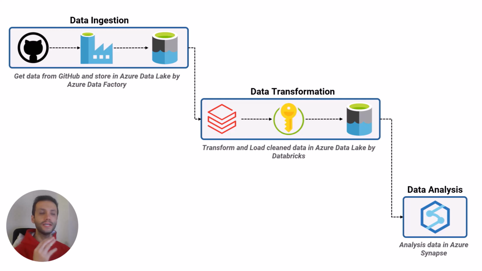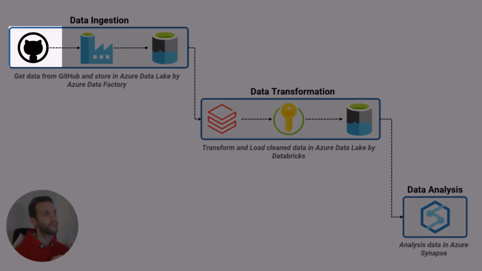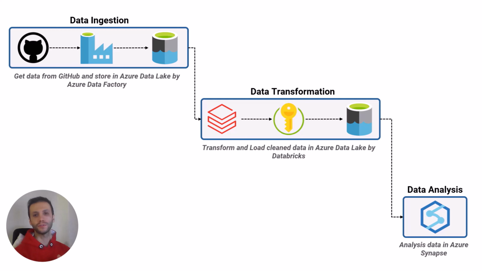We have 3 steps: data ingestion, data transformation, and data analysis. In data ingestion, first we get data from GitHub or any other public resources. In this specific project, I'm going to use GitHub as the repository to grab the data.